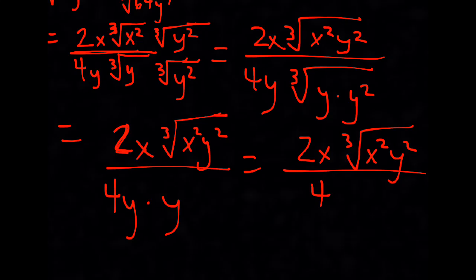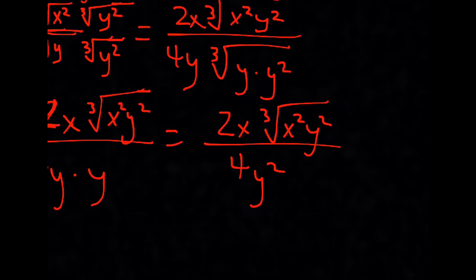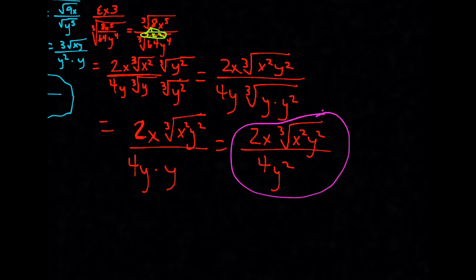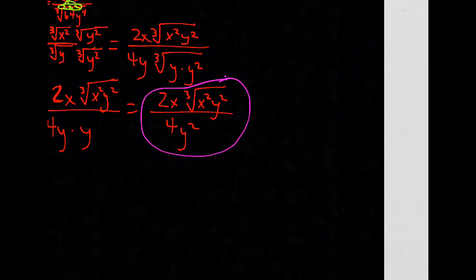So on the bottom I have 4 times y, which is 4y. So my answer is that. Alright. Free response question, I would count this right because the AP test would count this right.